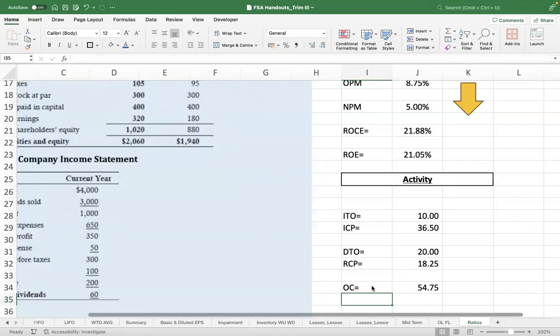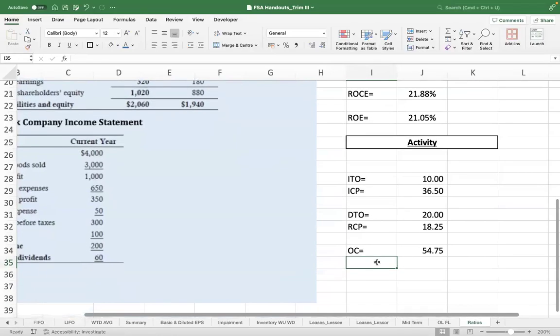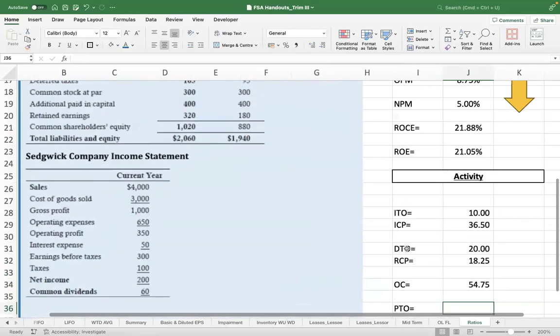The time that elapses between the company converting the inventory from raw material stage to finished goods, selling it, and then collecting the money back from the customers. ICP plus RCP. And the other way to look at it is that it is also equal to payables collection period plus cash conversion cycle. So next step, we should compute your payables turnover ratio, which should be cost of sales by average payables.